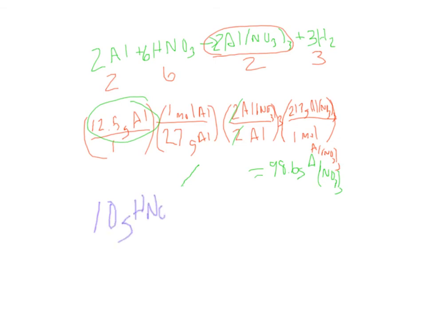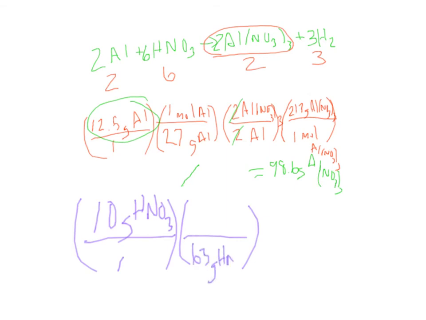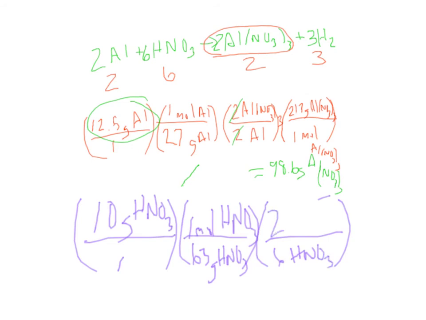And again, I'm going to first convert to moles using the molar mass, which is 63. And then from the mole-to-mole ratio, I know that there are 6 HNO3s for every 2 AlNO3, 3.